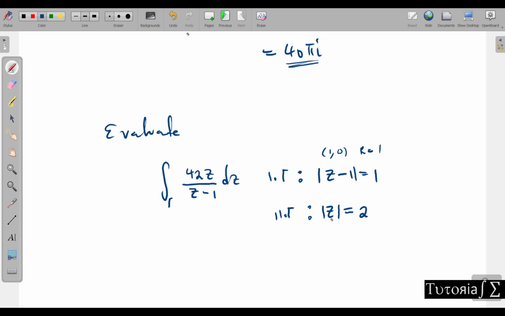Here you figure that out. Then we do the same for number 3, where we have z minus i plus 1. Here the center will be, you remember, try to figure it out by yourself.